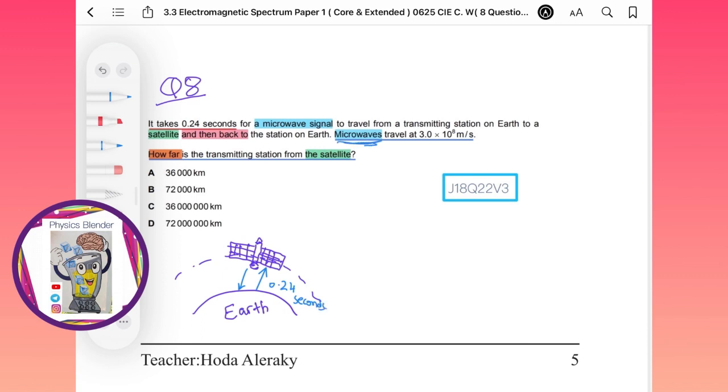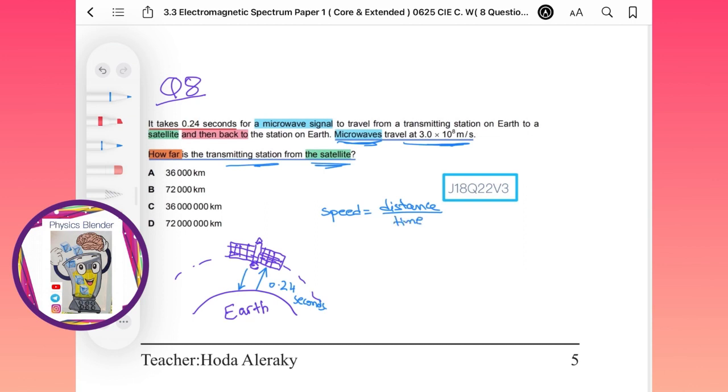The speed of microwaves is mentioned. How far is the transmitting station from the satellite? So you have to calculate the distance. You know that by applying the speed equation, speed is equal to distance traveled divided by time taken.